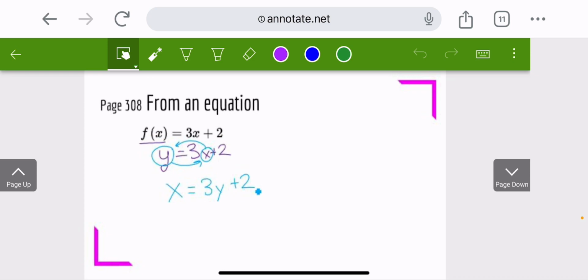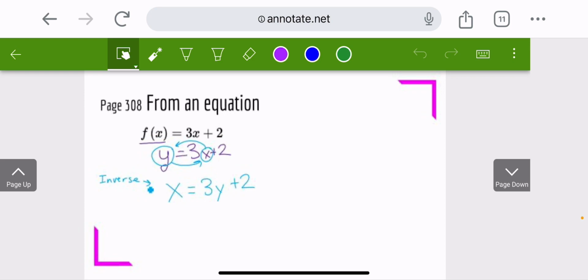Just the letters change places. No numbers move, no numbers change. This is the step that makes the inverse. It is the inverse now.